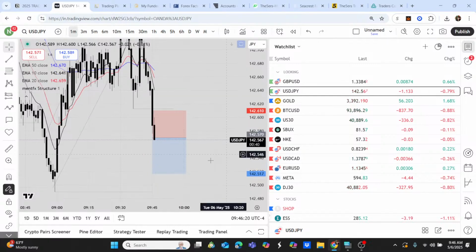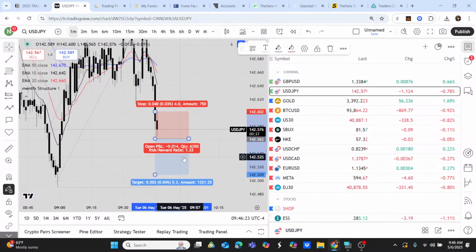Alright, so I'm basically just waiting for another candle to print after it.